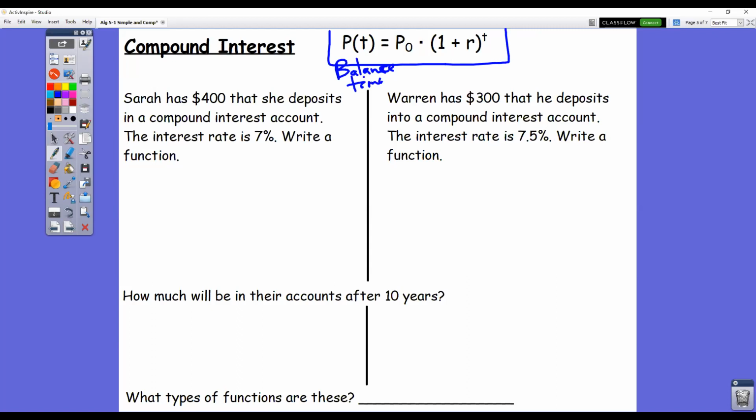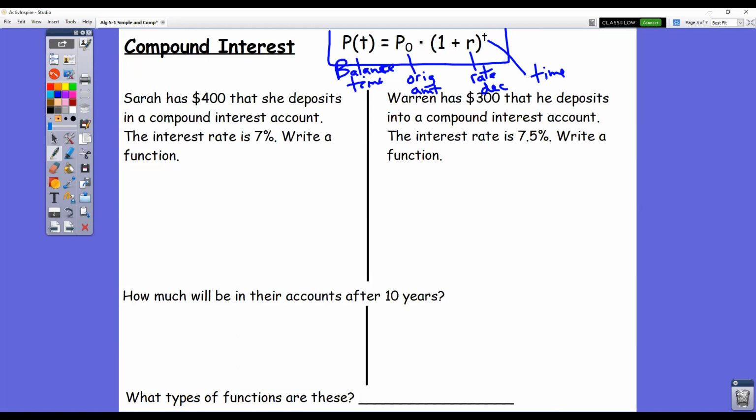That's the amount that your principal is at a given time. Equals your original amount, your original principal, times 1 plus r, r being your rate. Remember, you need your rate as a decimal, and t is time. Again, normally we do years there.